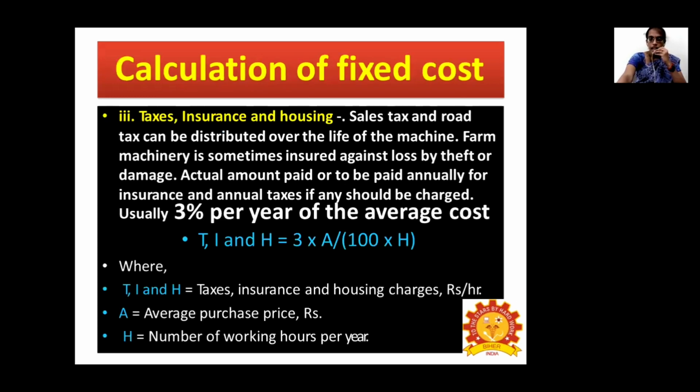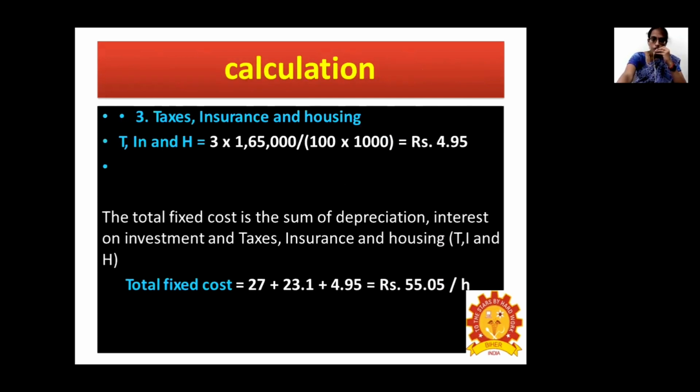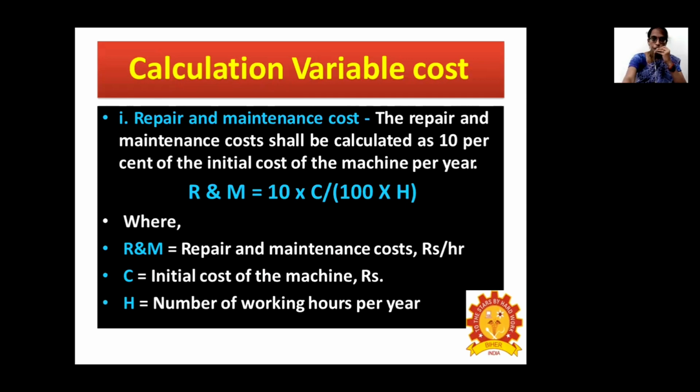Next we calculate taxes, insurance and housing charges. Normally it is 3 into A, where A is the average purchase price, divided by the number of working hours, which we also know. Then we can calculate these taxes also. If you add up these charges, you get the total fixed cost.